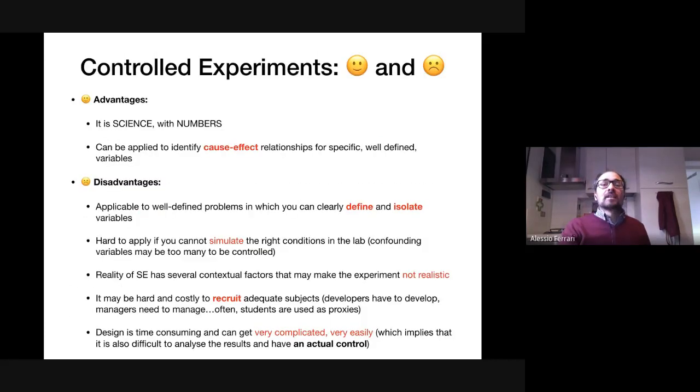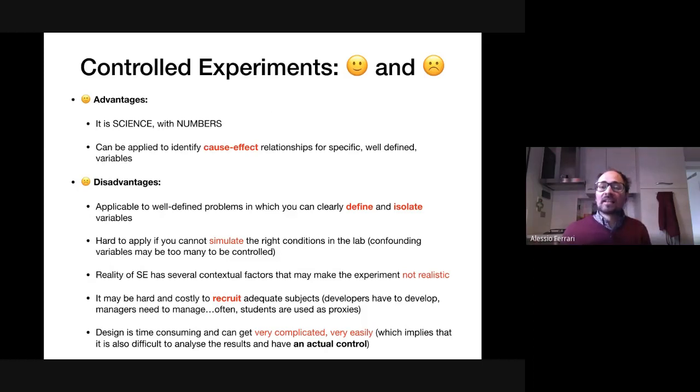So what are the pros and cons of controlled experiment? The main advantage of using controlled experiment is that you are doing real science, okay, with the numbers, because controlled experiments are quantitative. But up to now, you didn't see any number, so you see that they are real science with numbers.